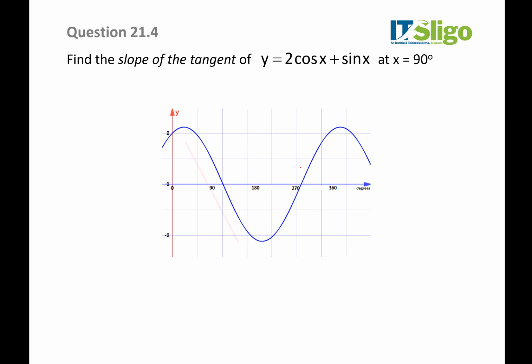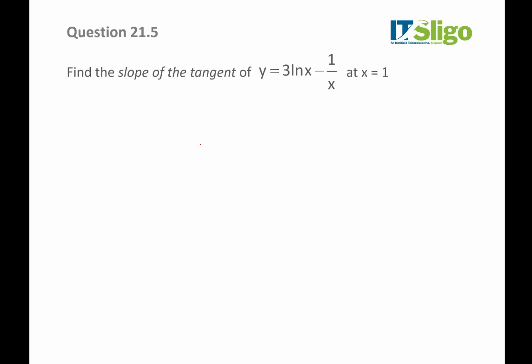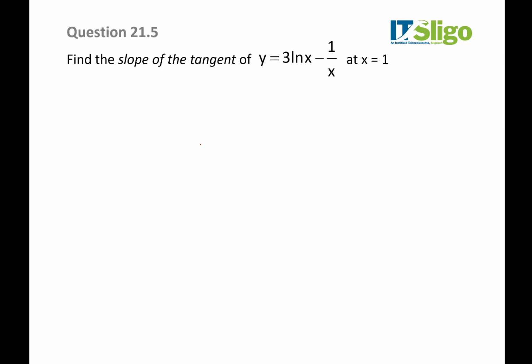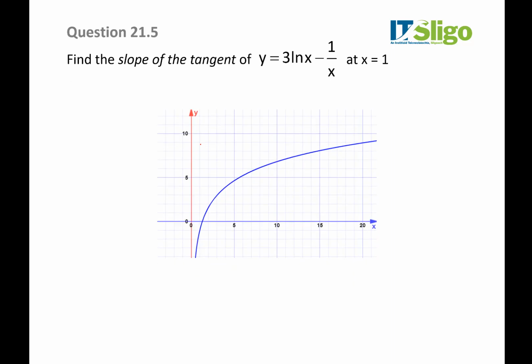So again, visually, that's what we're looking for. Where is the slope there when x is equal to 90? And last one then, a little bit more complex. That's what it looks like, and we're interested in what's the slope when x is equal to 1.